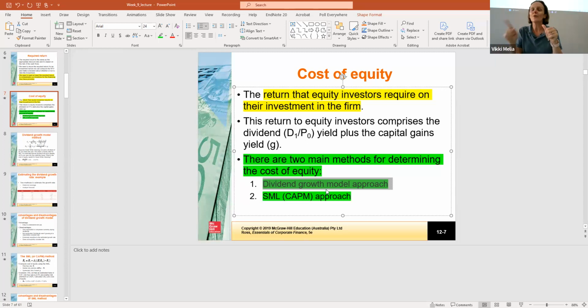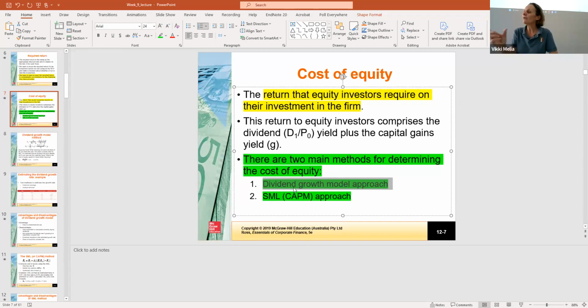There was also a model called the constant dividend growth model, where dividends were increasing at a constant rate of growth called G each year. We used that to estimate the value of a share in a company. And with the first method here, that's what we're using, the constant dividend growth model.